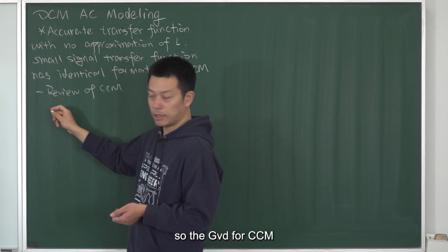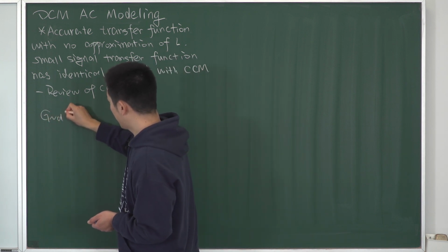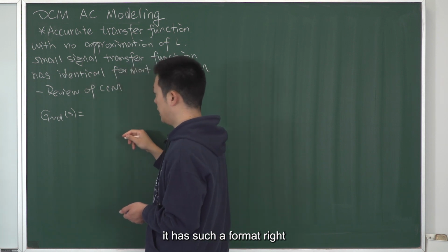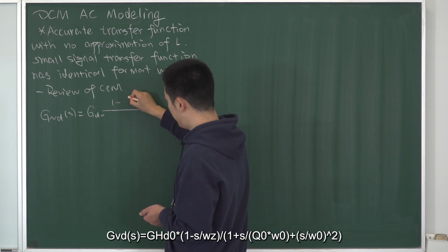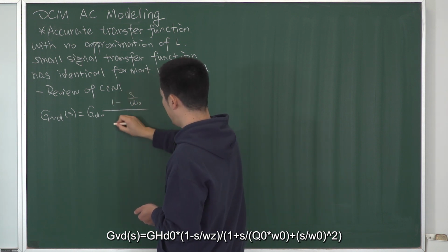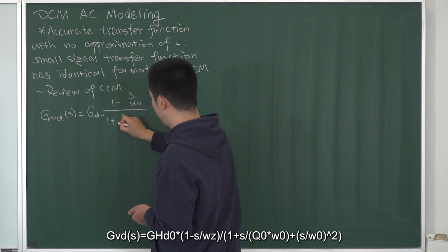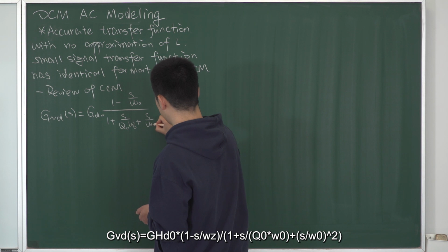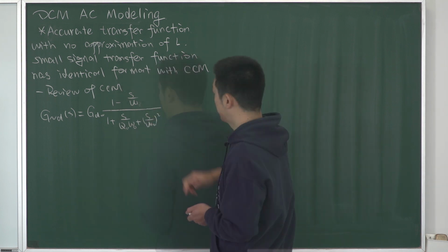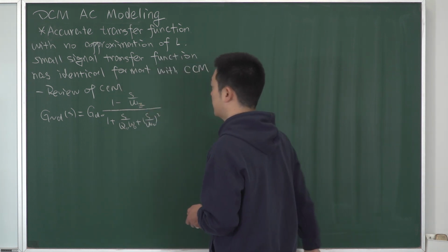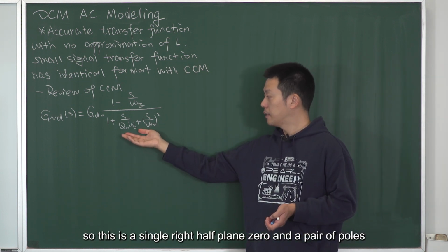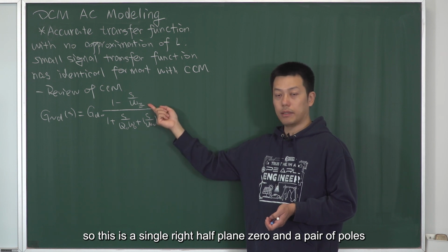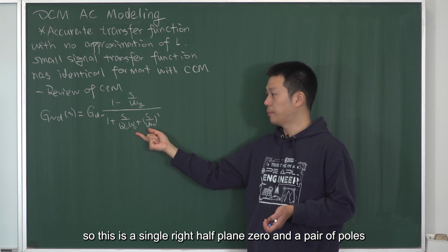The GVD for CCM has such a format: GD0 times 1 minus S over omega 0, times 1 plus S over Q0 omega 0 plus S over omega 0 squared. So this is a single right half plane 0 and a pair of poles, right?